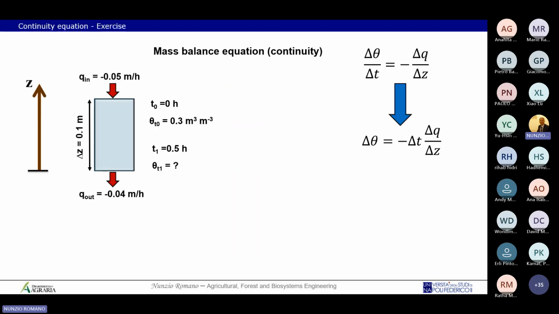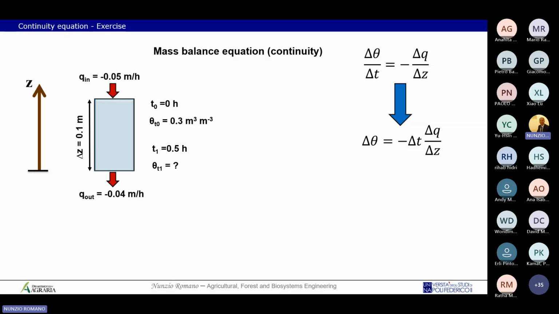And here we have an exercise that Paolo passed me. This is a very simple mass balance equation. We have a 10 centimeter soil cylinder. At the initial time, time zero, the water content in this cylinder is 0.3 cubic meter over cubic meter.